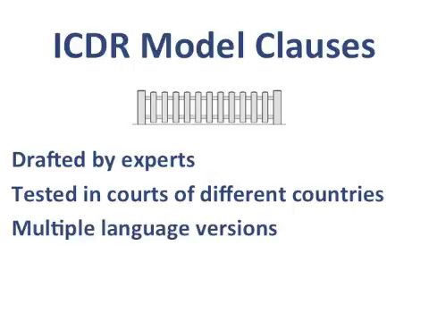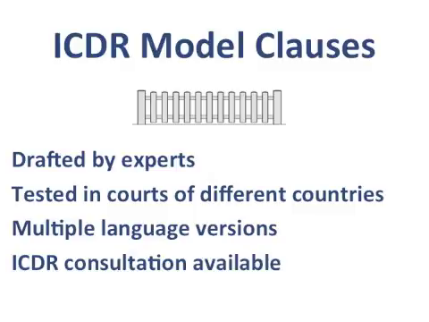You can find model clauses already translated in some of the most common languages used in international commercial transactions. Most arbitration institutions, including the ICDR, will give contracting parties free advice about using or adapting their model clauses for particular contracts or circumstances, or when there are enforcement problems. And you don't have to pay lawyers for any of this. Or if you are a lawyer, you can do a great job with minimal work.